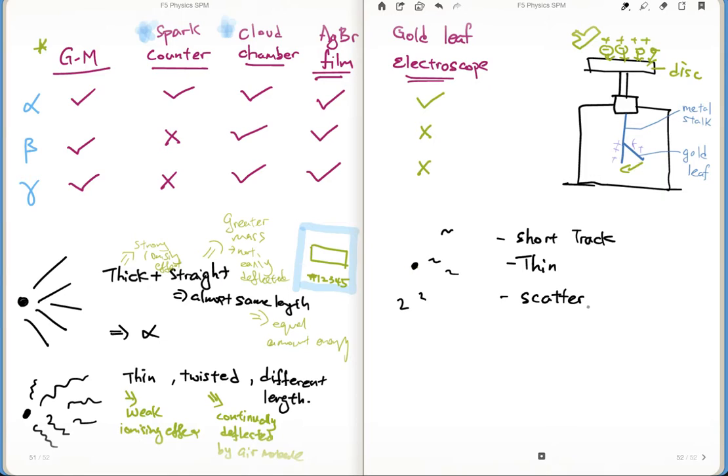This is one important fact that you should have. SPM is all about keywords. So if you get the keywords right, you can see the track is scattered. Short track, thin track, and scattered. This is caused by the really weak ionizing effect of gamma ray.